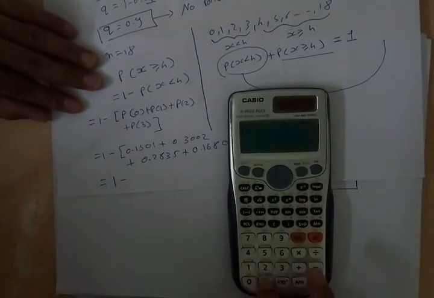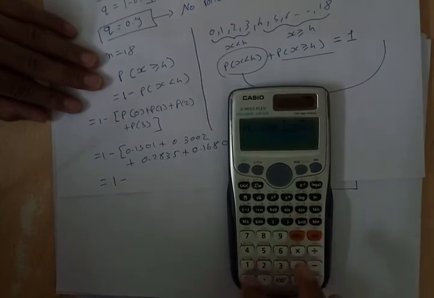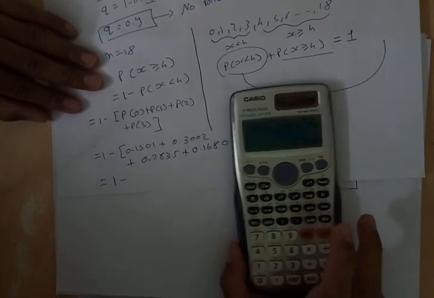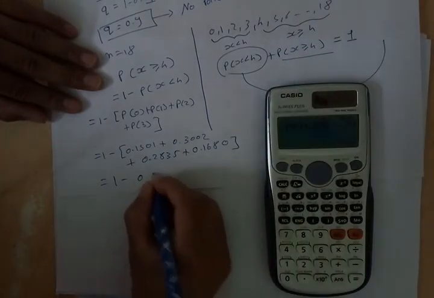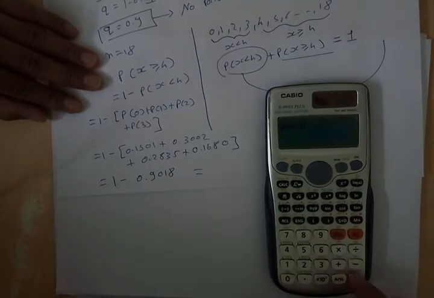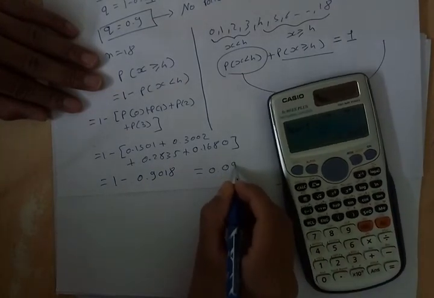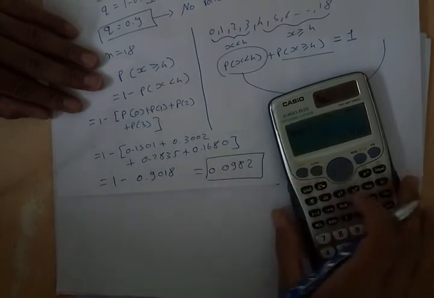Now let us do the sum of all these four numbers: 0.1501 plus 0.3002 plus 0.2835 plus 0.1680. It will be 0.9018, and 1 minus 0.9018 is equal to 0.0982. So this will be our final answer.